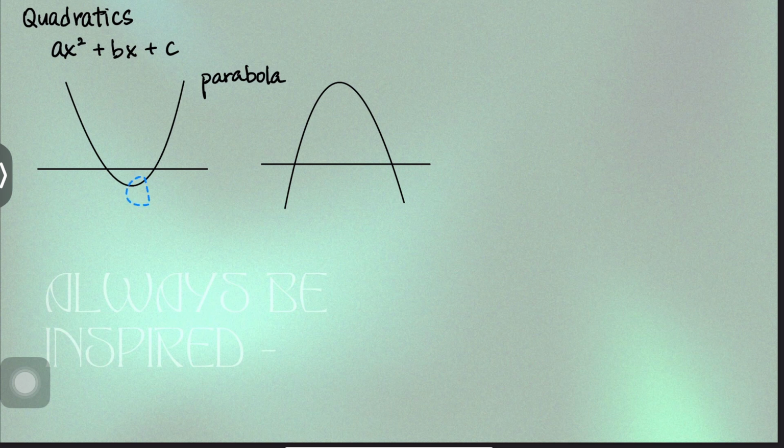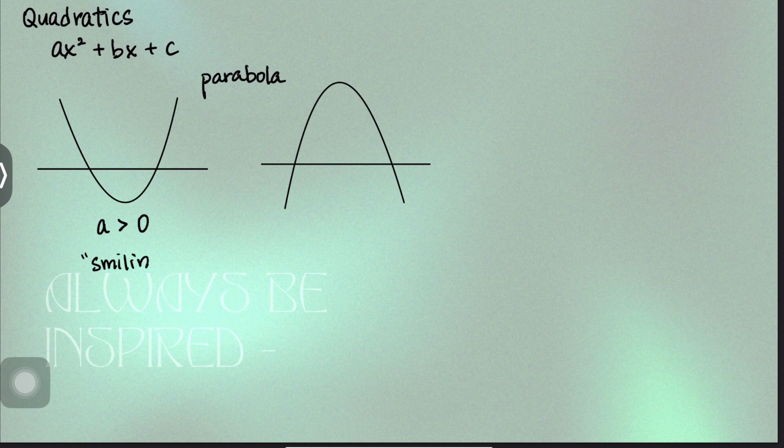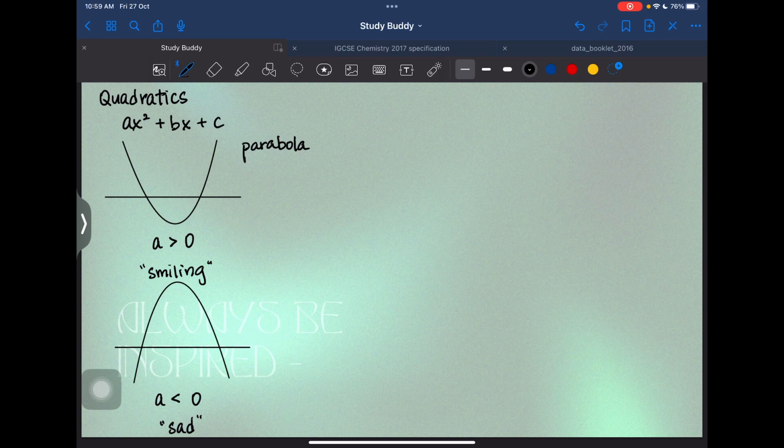If the a value here is bigger than 0, then the parabola will have a shape like this. The way I remember it, it looks like it's smiling. Whereas if the a value is smaller than 0, then the parabola is like sad. So just remember that.